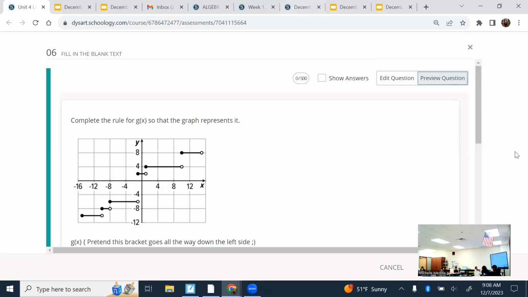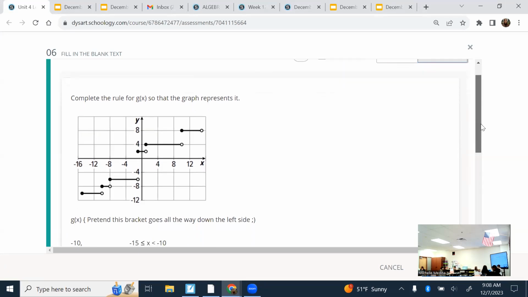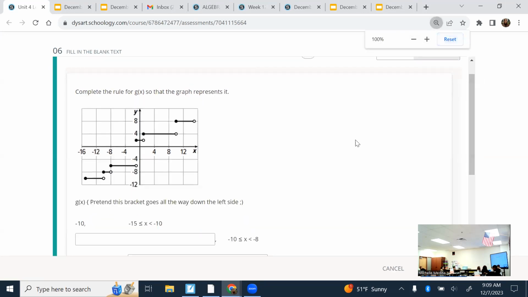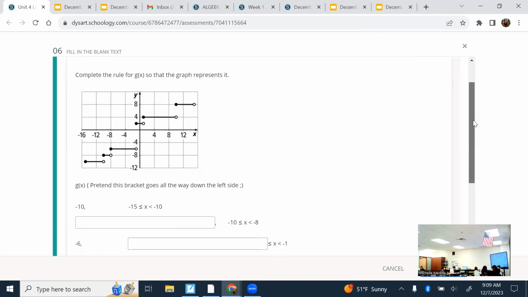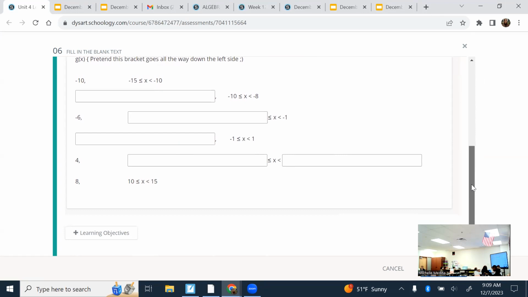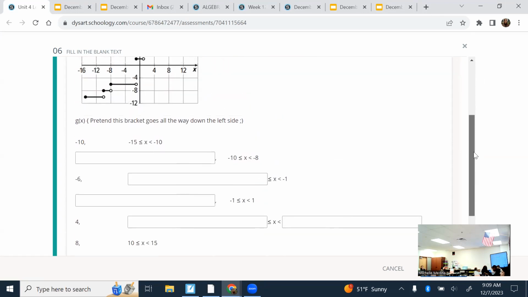All right, so number 6, unit 4, we have to complete the rule for g of x so that the graph represents it. And we have g of x, pretend this bracket goes all the way to the left side. It's just a little wonky.